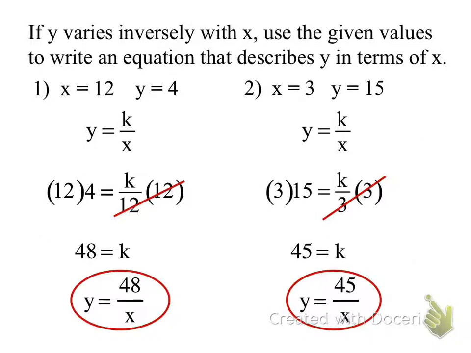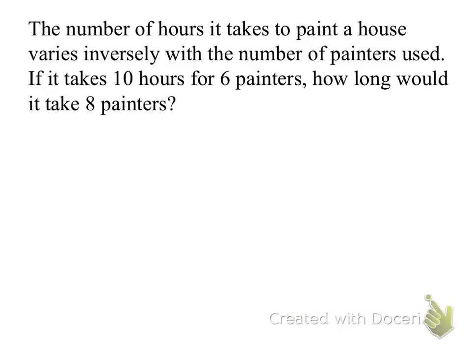Okay, let's look at a word problem. The number of hours it takes to paint a house varies inversely with the number of painters used. So what does it say? Hours varies inversely with painters. What's the depender? What depends on the other?